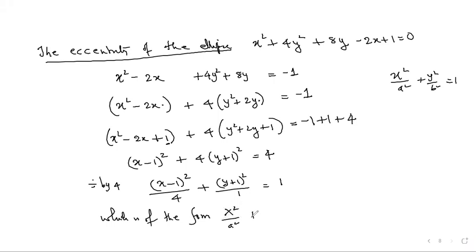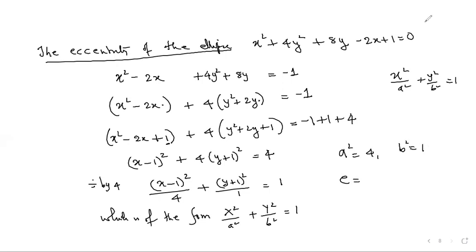I'm using capital letters. Can you hear me properly? Can you hear me? Yes, sir. Okay. Somebody has given me the answer. Yes, Kevil has given, Parinada has given. Good. So a square is 4, b square is 1.